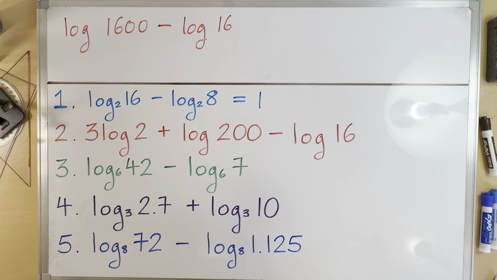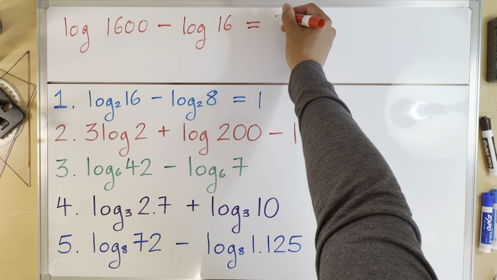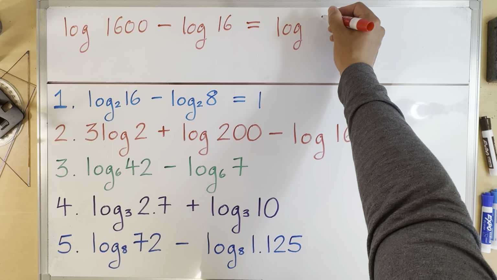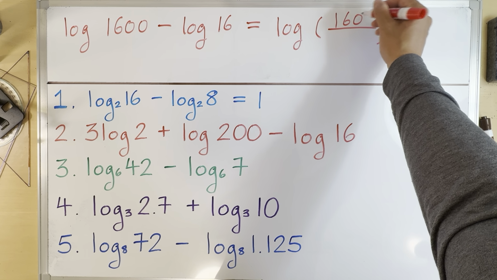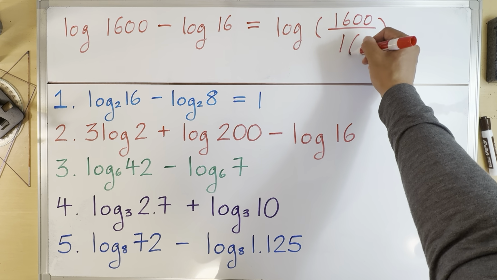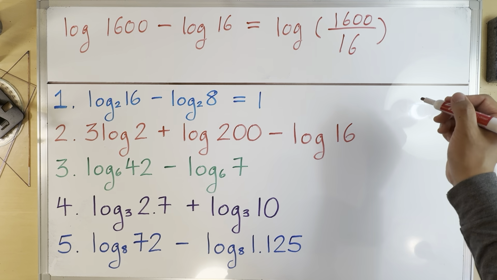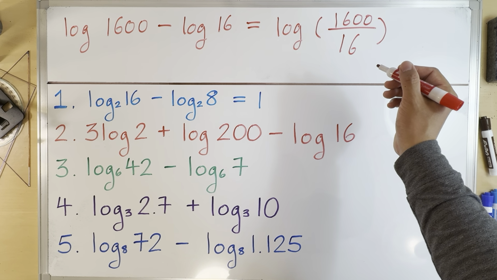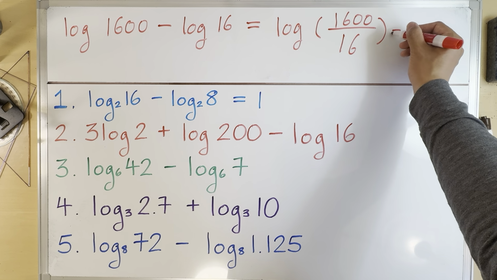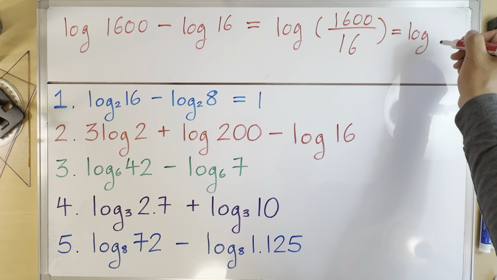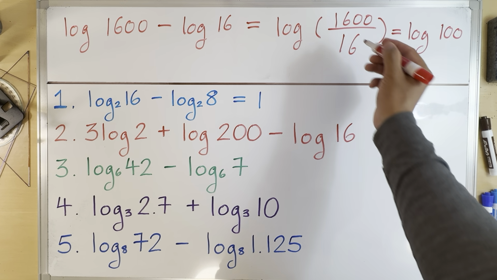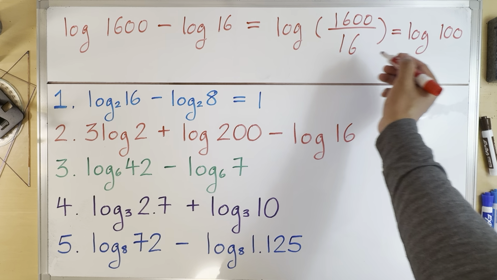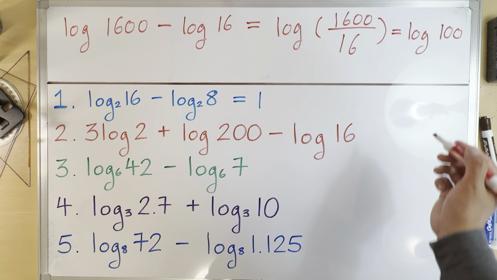And according to the quotient rule for logarithms, this would be equivalent to the log base 10 of 1,600 divided by 16, which means this would be equal to the log base 10 of 100, because 1,600 divided by 16 is equal to 100.